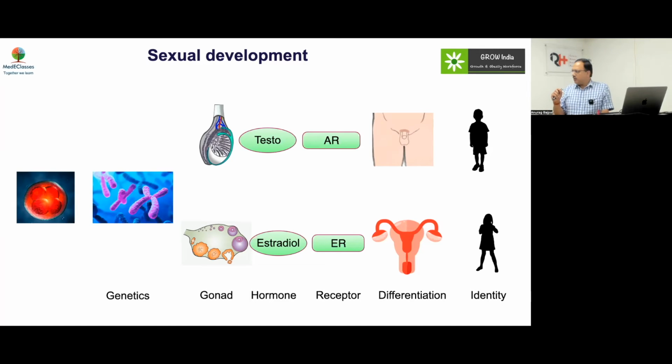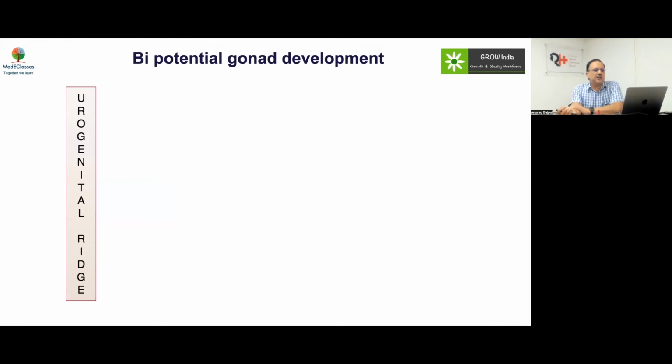Any discrepancy between the genetic, the gonadal, the endocrine, and the external manifestations will result in a disorder of sexual development. And there are a lot of names which keep on changing in that regard. So we all know that we are now talking more in terms of differences in sexual development rather than disorders, because that would have a negative connotation.